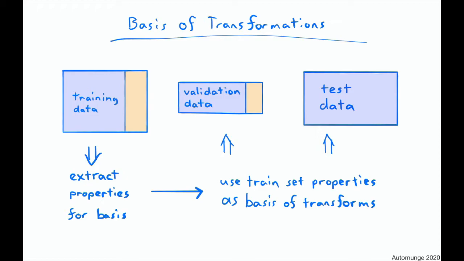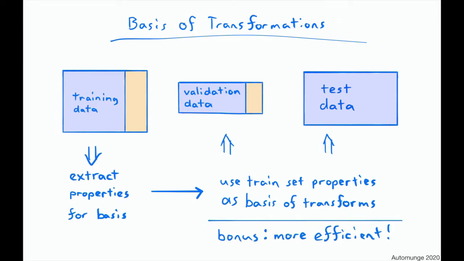Automunge offers a solution to both of these problems by basing the transformations for all sets on the original properties derived from the training data. By using the same basis for all sets, we are ensured of consistency of transforms, and by not including any of the validation data for the derivation of these properties, we are ensured that no data leakage will take place between the training and validation operations.